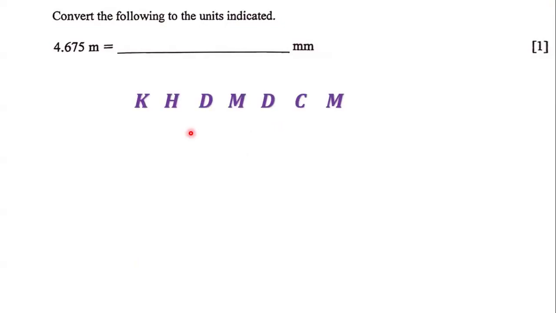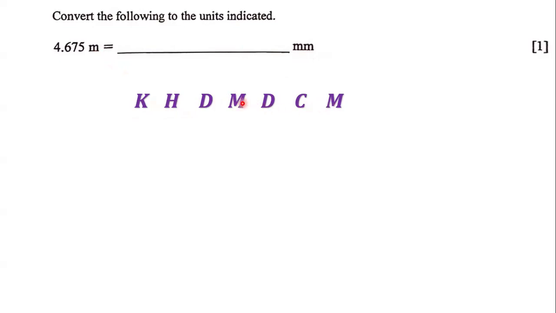Okay, so we gotta move. We have the acronym King Henry Died By Drinking Chocolate Milk, or in this class, the mnemonic to keep it PG. We want to move from meters to millimeters. The interesting thing is that both of them start with the same letter, so it might be confusing.